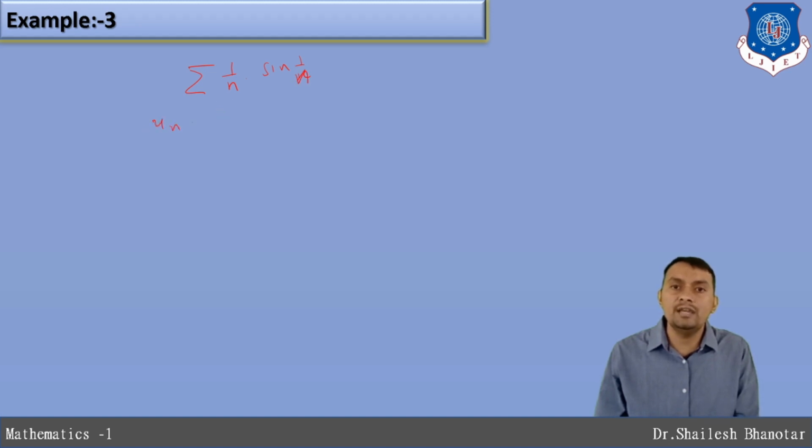Here un is equal to 1 by n into sine 1 by n, and we know that sine x is x minus x cube by 3 factorial plus x raised to 5 by 5 factorial minus and so on. When you apply this, you get 1 divided by n minus 1 divided by n cube into 3 factorial plus 1 divided by n raised to 5 into 5 factorial minus and so on.